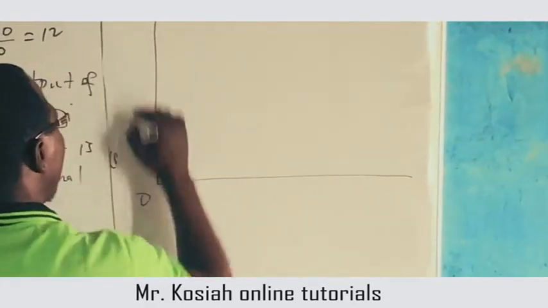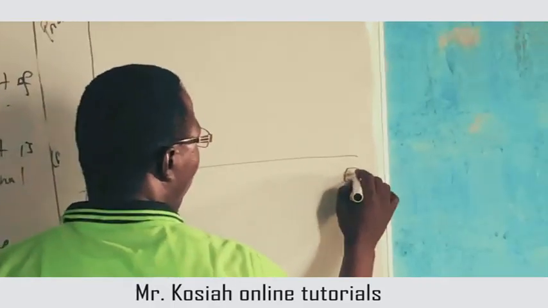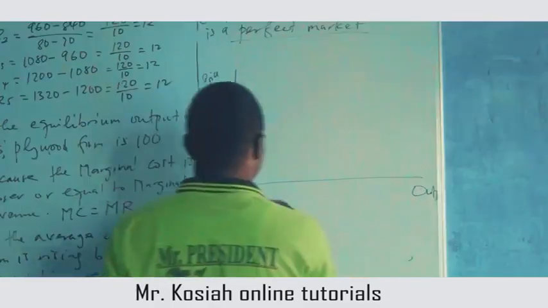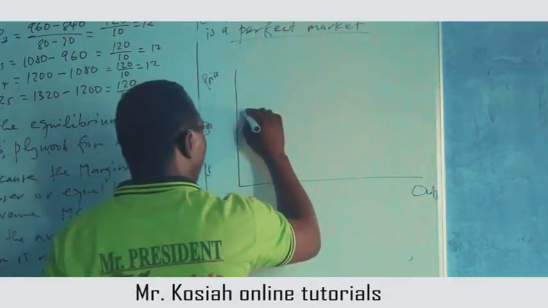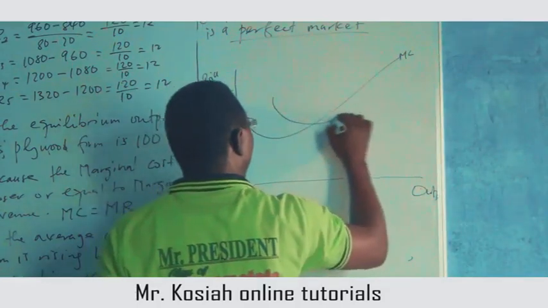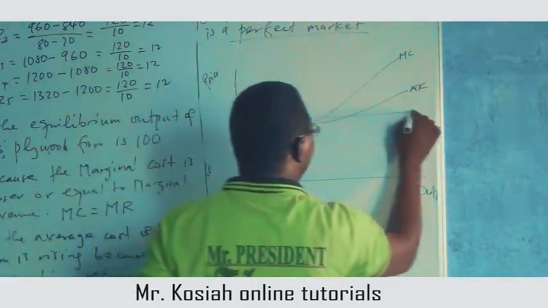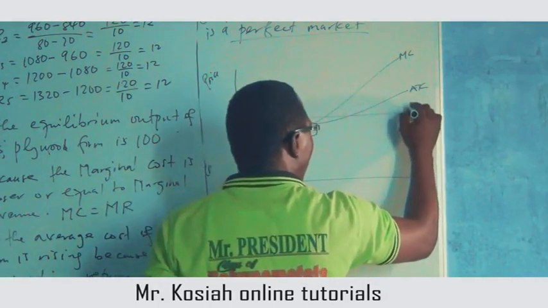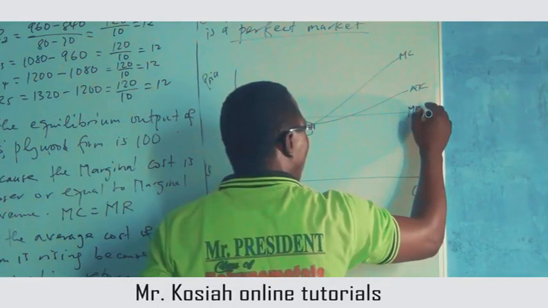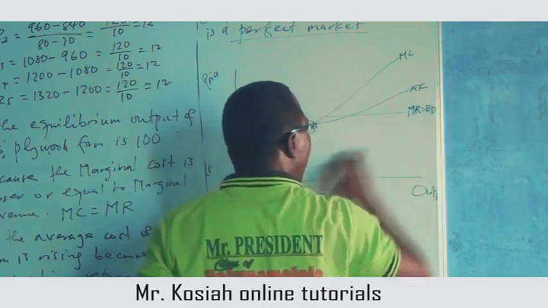Now we have this, of course, this is our price, and this is the output. And now this is our marginal cost, and this is our average total cost, of course. And this is the marginal revenue, and this is the price as well, and this is the demand.